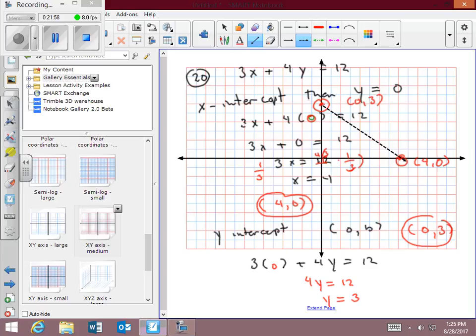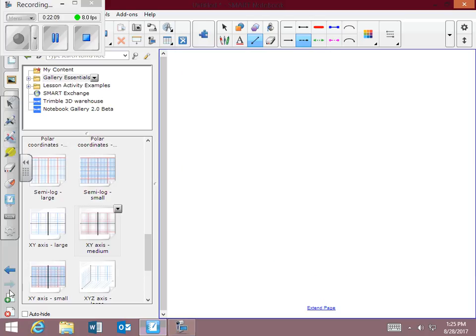You think you can do x-intercepts, y-intercepts? All right. 26. Says 2x plus y equals 4. Now it's saying graph.